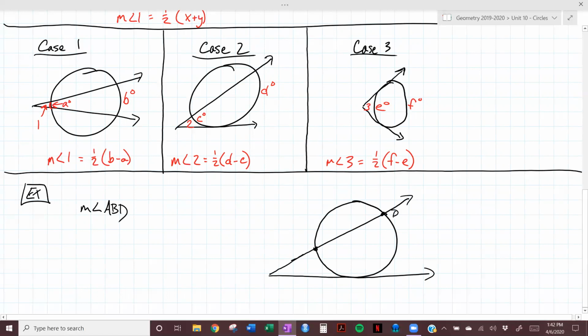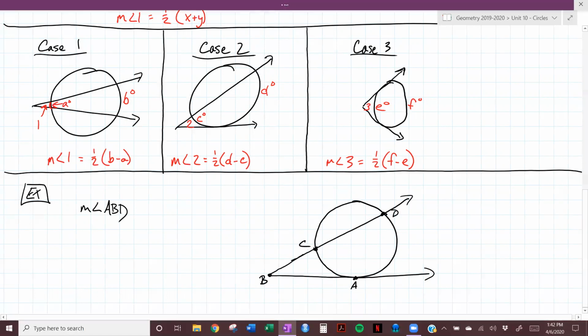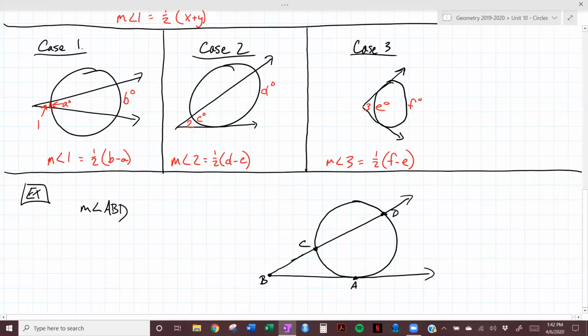So here's D, here is C, here is B, and here is A. And we know that the arc of C to D is 139, and the arc of A to D is 151.